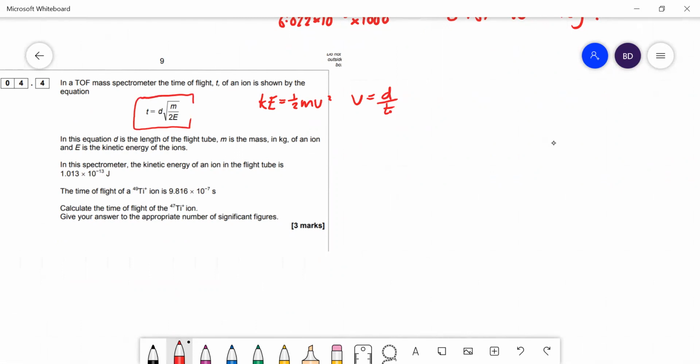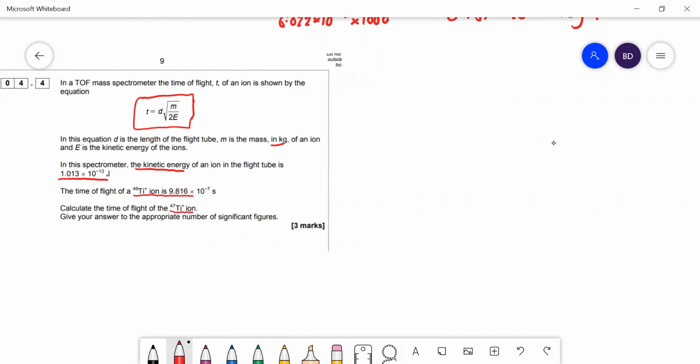So they sort of help us out by giving us that. Right. And D is the length of the flight tube. Mass m is the mass in kilograms of an ion. They tell us the kinetic energy here of an ion is that. We'll see we actually don't need that, but they tell us it. And they give us the time of flight of the 49 ion, and we've got to find out the time of flight of the 47.